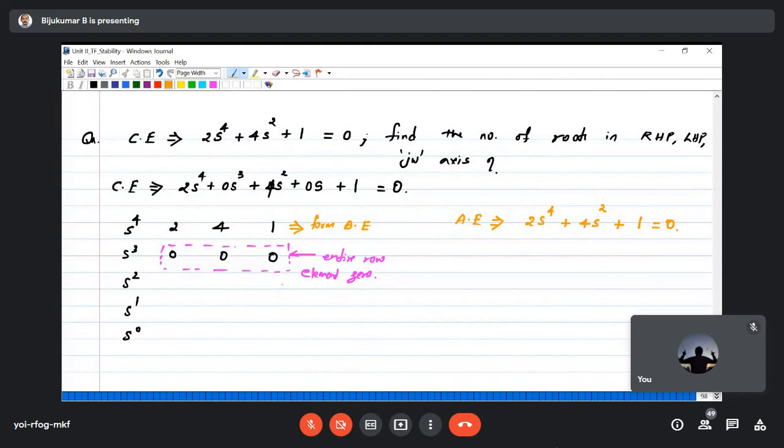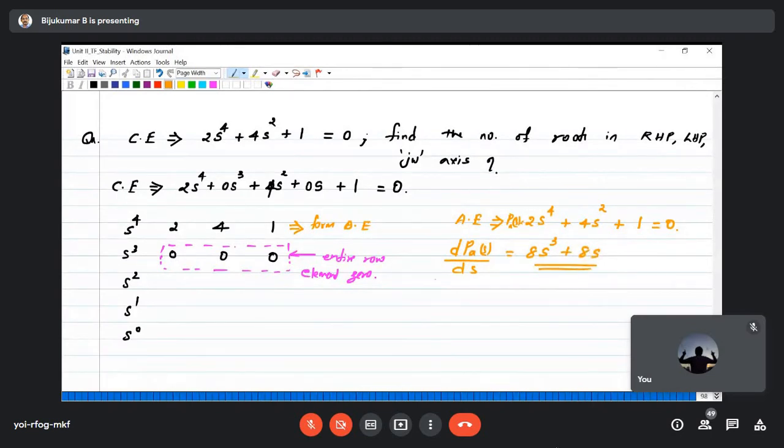In order to continue the computation process, we have to differentiate the auxiliary equation, dA(s)/ds = 8s^3 + 8s.